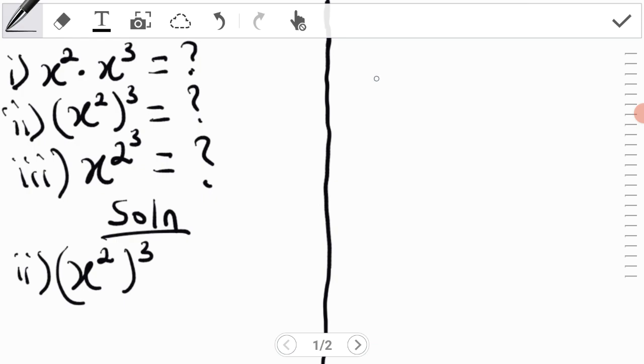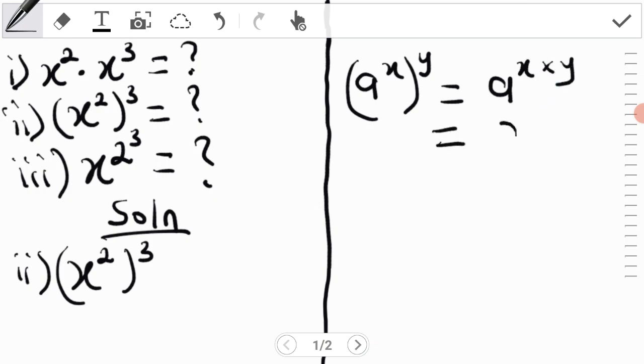And let's say if you have a raised to the power x, in a bracket, then raised to the power y, this is the same as a raised to the power x times y, which is a raised to the power xy, right?